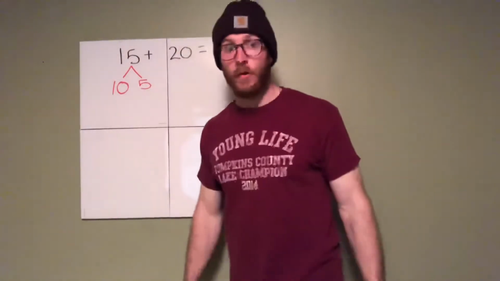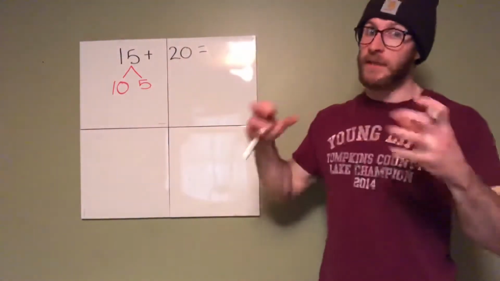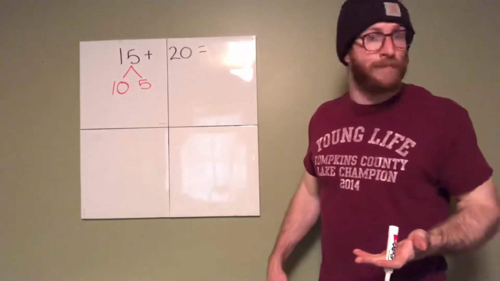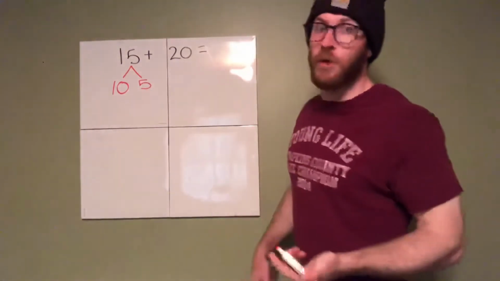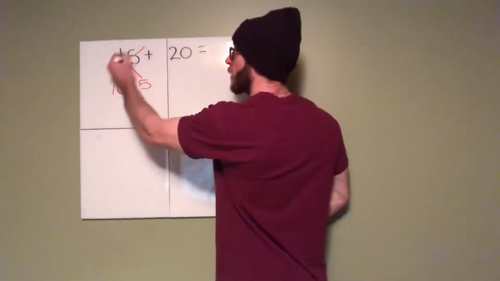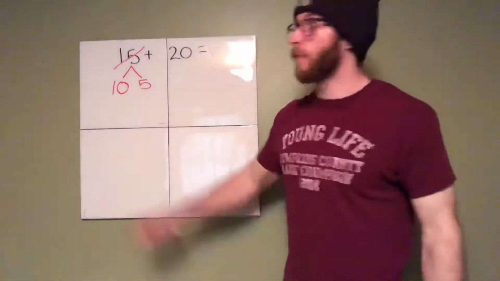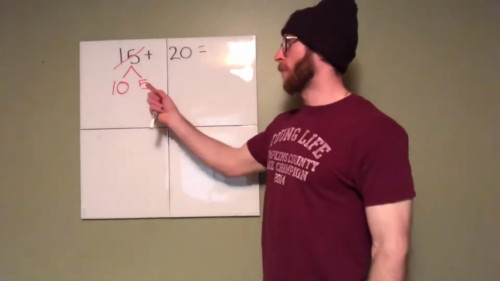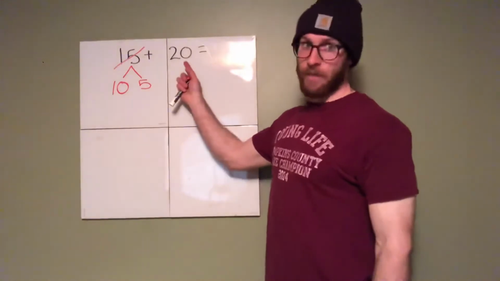Now, remember, if I take a group of 15 and split it into two different parts, do I have a group of 15 anymore? I don't. So what are we going to do to show that we don't have 15 anymore? We're going to cross it out. So now, instead of a group of 15 and a group of 20, I have a group of 10, a group of 5, and a group of 20.